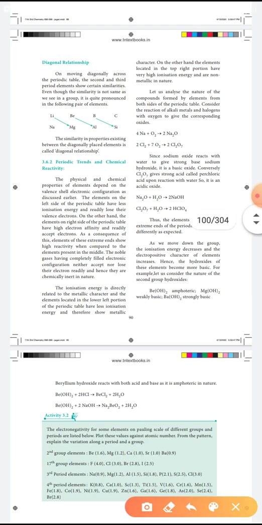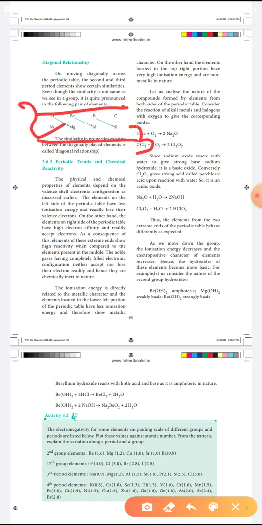Okay, this is lithium, in the second period, and that element is sodium, magnesium, under the third period. Even though the similarity is not the same as we see in a group, it is quite pronounced in the following pairs of elements.